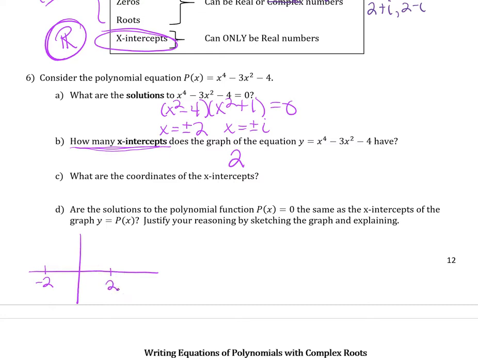And based on it being an even degree polynomial with a leading coefficient that's positive, I know my end behavior must look like that. So if I had to guess, the rest of this function probably looks something like this, kind of like a W. All right, and that's where the 4th degree comes from. So when I'm asking what are the coordinates of the x-intercepts, it's negative 2, 0, 2, 0. And that's what I meant by the y value must be 0.